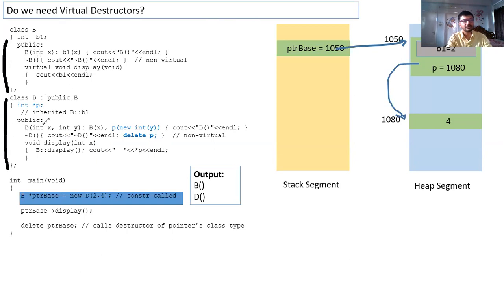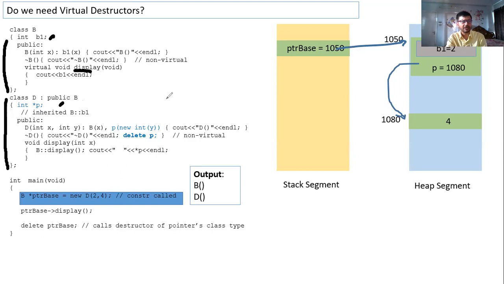Both have just a constructor and a destructor, as well as a display method which has been labeled as virtual. Display is a function which has been labeled as virtual here. The base has one data member B1, and the derived class has one data member, say asterisk P, along with B colon B1, which has been inherited from the base class.